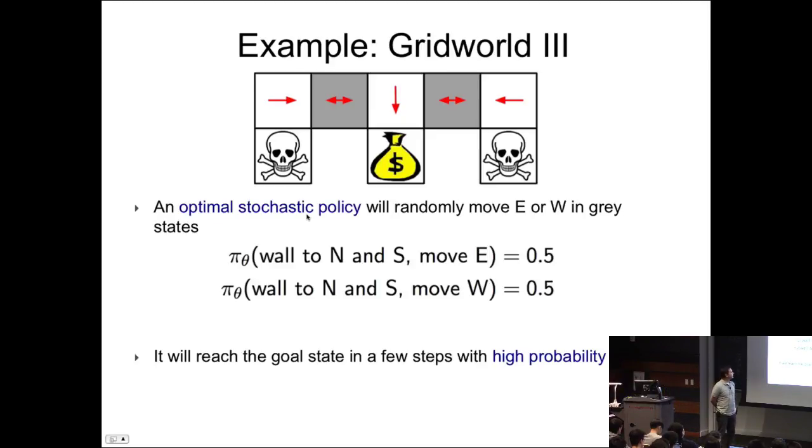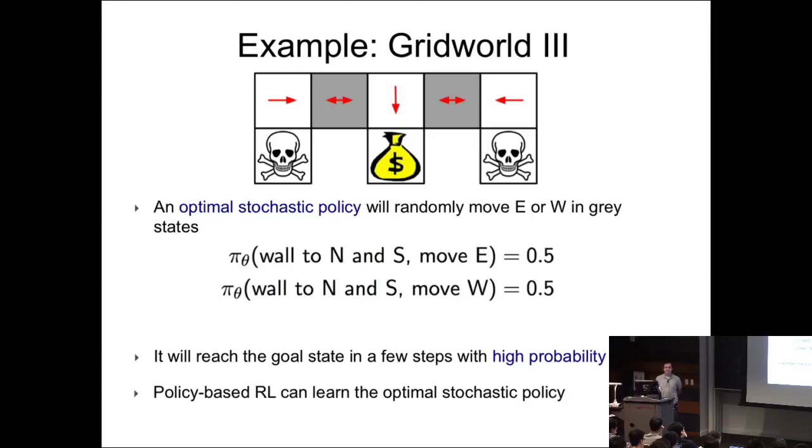And it will reach the goal state in just a few steps with high probability. So policy-based reinforcement learning can learn this optimal stochastic policy directly. We'll see some examples of that, but this is just one example to show that sometimes stochastic policies can be optimal.